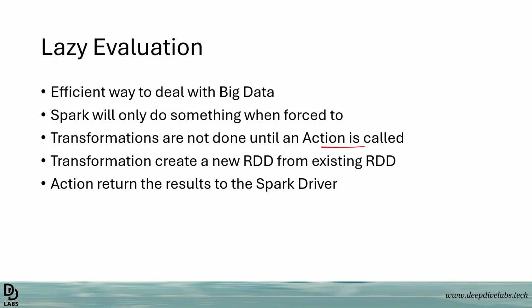So you can do your filter, you can do your map, etc. But only when you trigger all the operations, when you create your action, which is essentially one of the RDD operations. An action returns the result to the Spark driver, which is your main program. Actions are usually eager evaluation. Eager means it gets executed immediately.